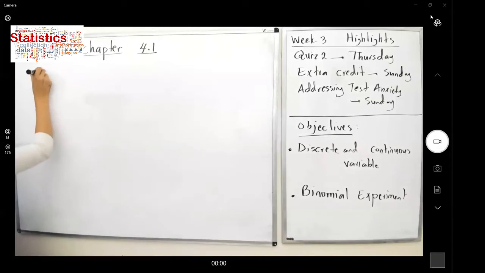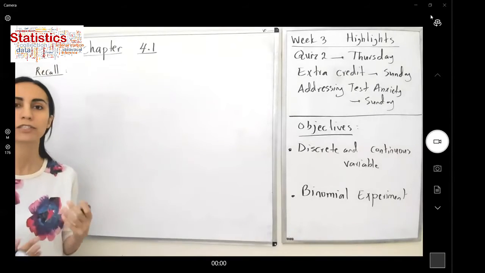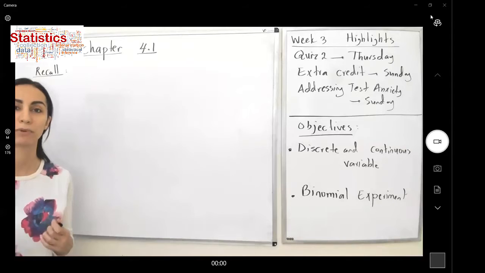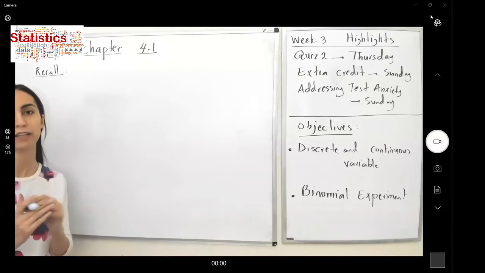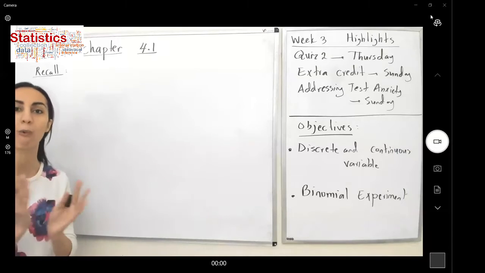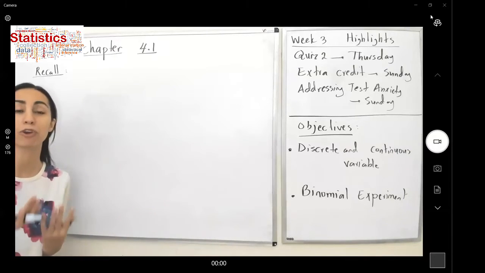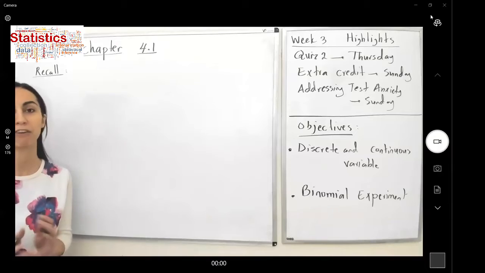Very well. So what we learned so far. Recall that in chapter 3, we start talking about probability of an event, and we learned that we have a classical way of finding the probability of an event.